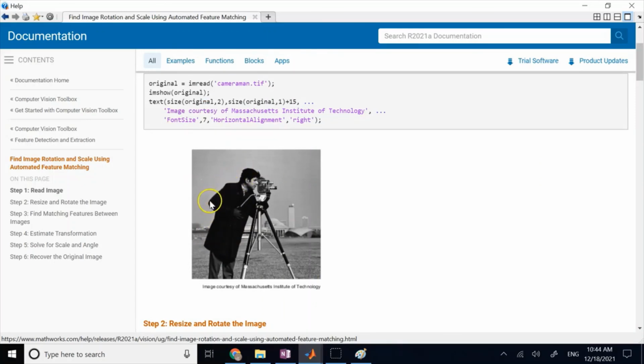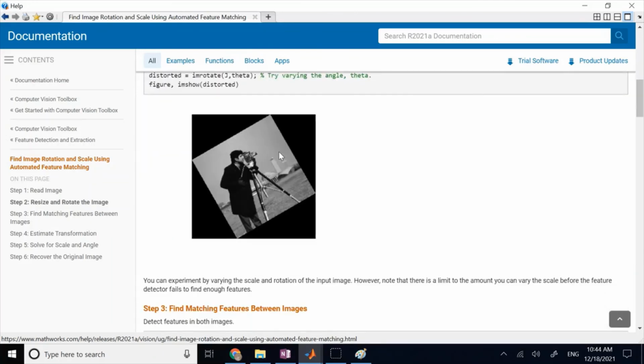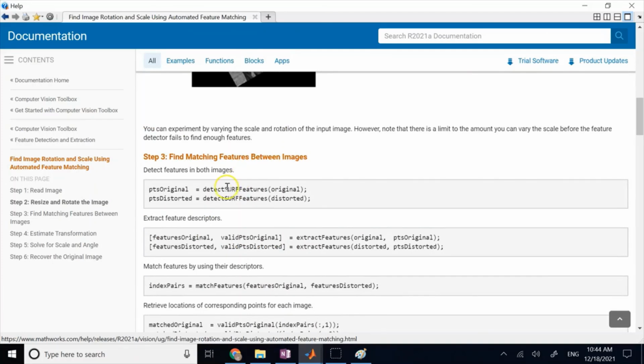They are either corner points or they have specific properties around them, the gradient of the color, light intensity, and so many other things that make describing and finding these points much easier than any other random point in the image. Okay, so here the features that are found is using an algorithm called SURF.